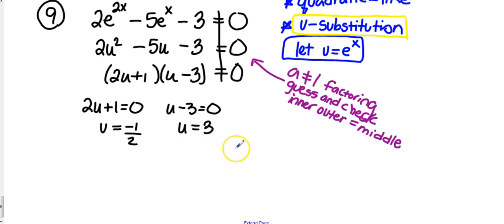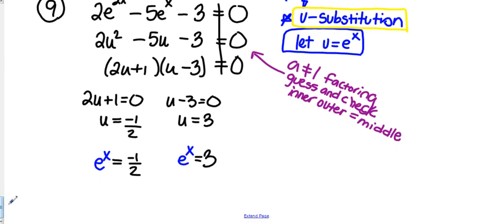We are now ready to plug u back in. So this becomes e to the x equals negative 1/2, and this becomes e to the x equals 3. And these are like little baby equations I can solve pretty quickly. We will take the natural log of both sides.